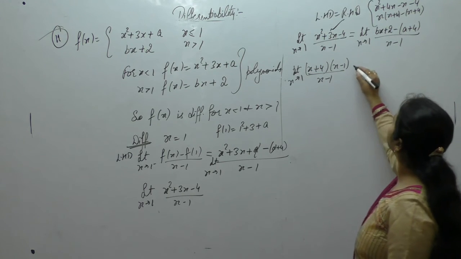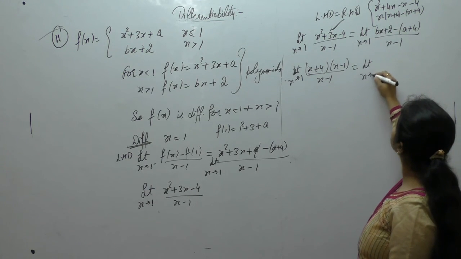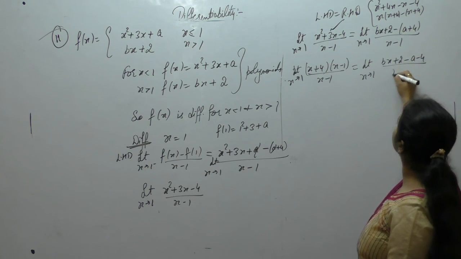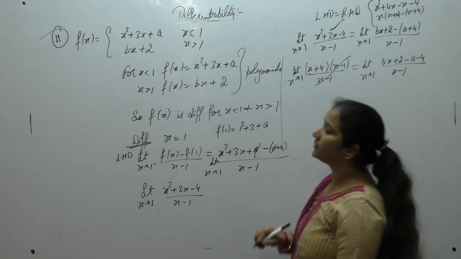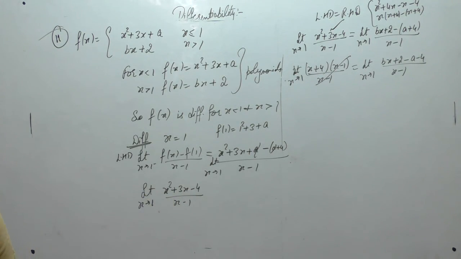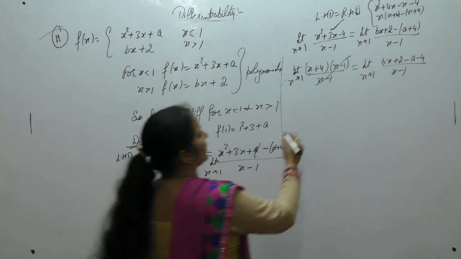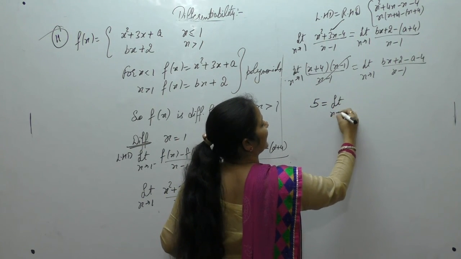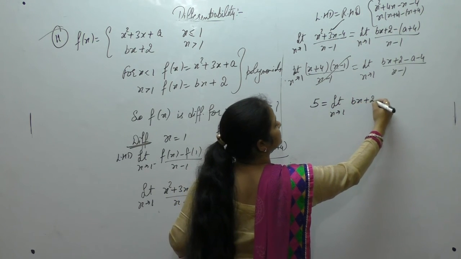Now limit, bx plus 2 minus a minus 4 upon x minus 1. x minus 1 will cancel here. So x plus 4, put the limit here, 1 plus 4, 5. Write it as it is, this term.